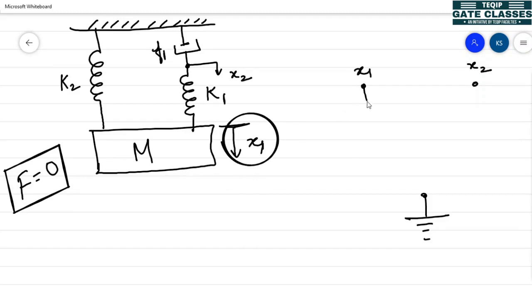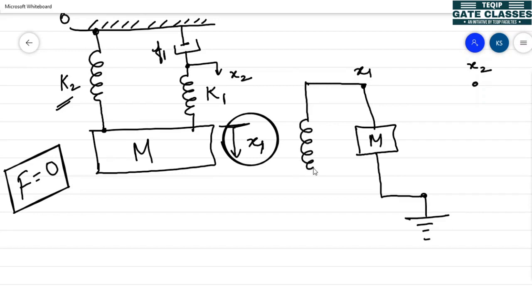So we can connect mass M between x1 and reference. Now we can see that this spring having the constant K2 is connected between x1 and the reference 0. So I am going to connect a spring K2 between x1 and the reference node.